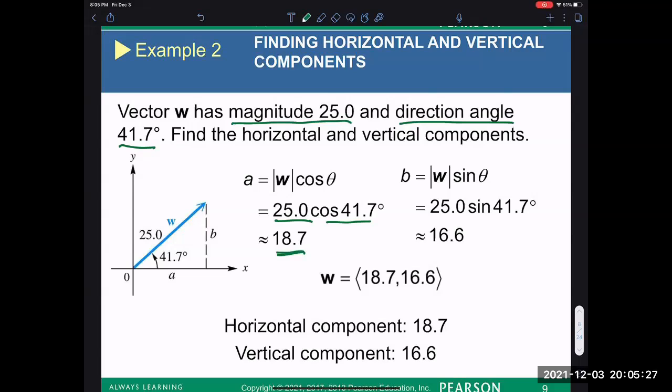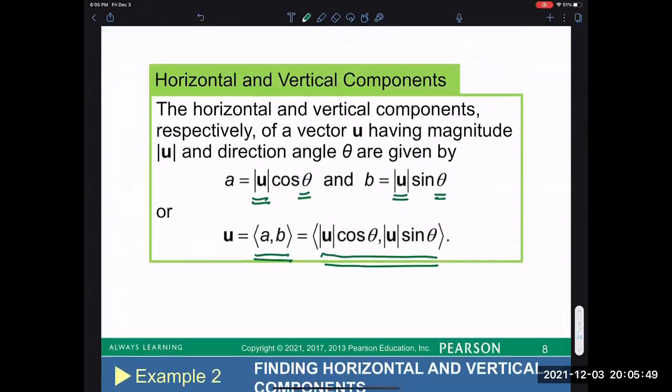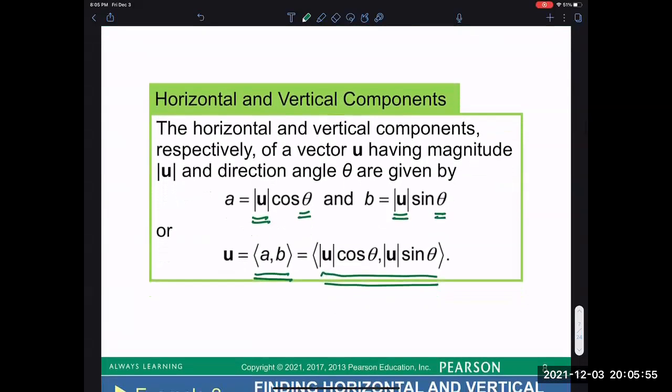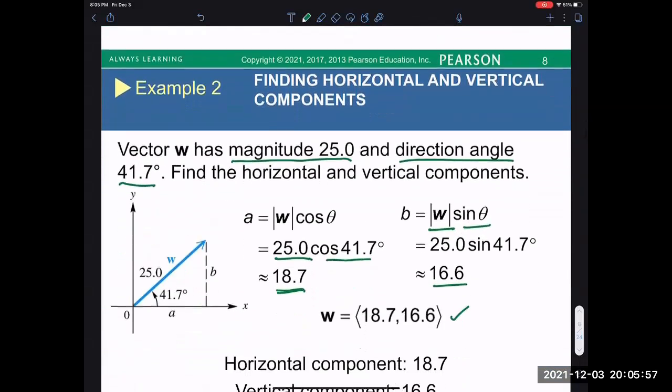Similarly, B would be the magnitude times sine theta, which gives us 16.6, and B is the y value of the coordinate. And so then we can express W as the vector AB with 18.7 for A and 16.6 for B, just by plugging into these formulas for the horizontal and vertical components of the vector.